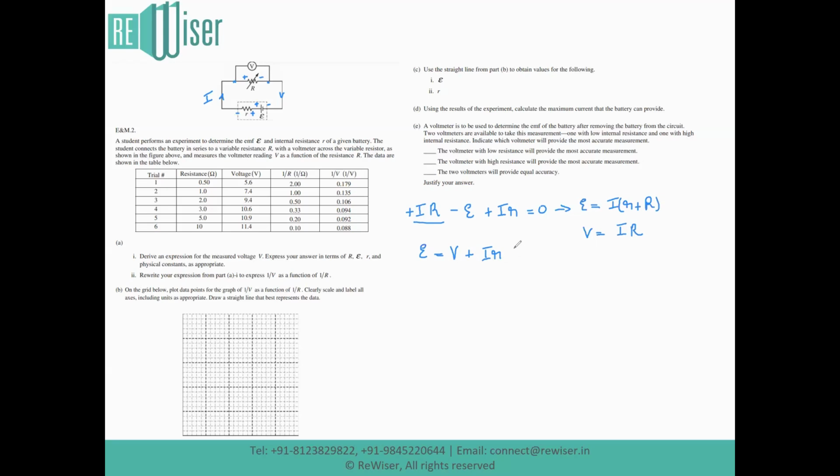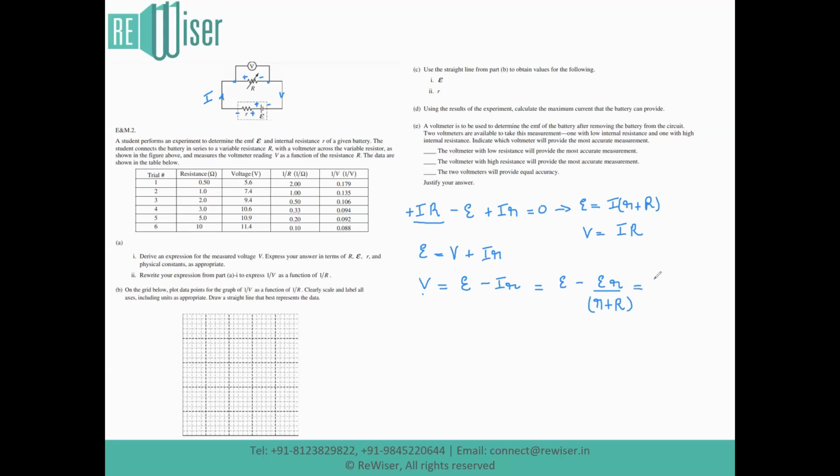Now, we have an equation for epsilon as I into capital R plus small r. We will just substitute that here. We get V is equal to epsilon minus I into small r. Now, inside this particular equation, I can write I as epsilon by small r plus capital R. So this becomes epsilon minus epsilon divided by small r plus capital R into small r.